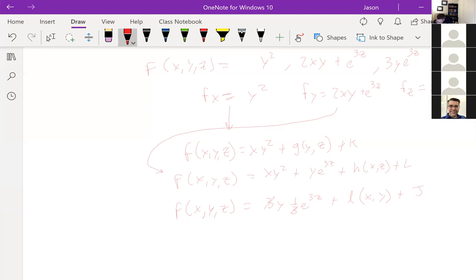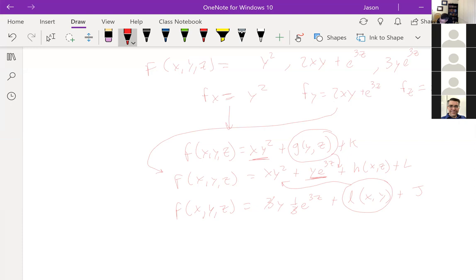Okay, and so, what do we got here? Let's see if we can put the pieces together. We have an xy squared and a y e to the 3z. Notice that g of y, z here is this guy, and L of x, y is this guy.